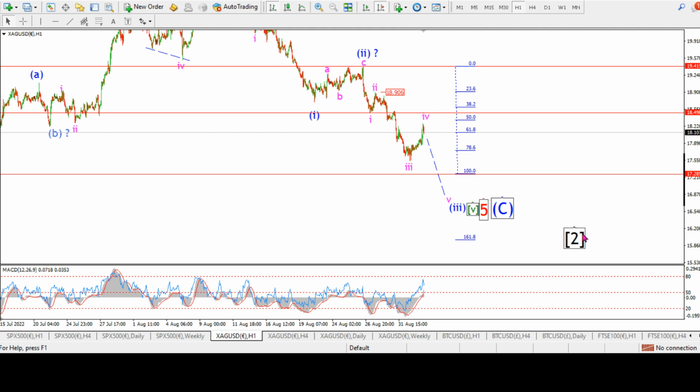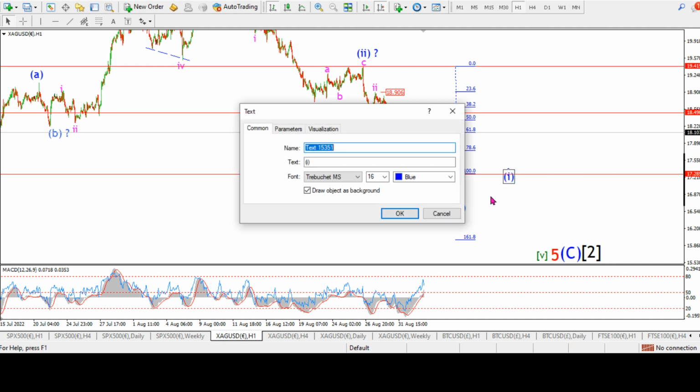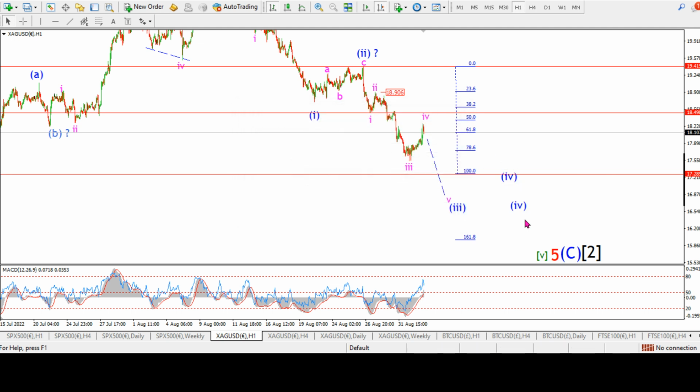And I will actually show that right now because I'm here. We'll get wave 4, a small correction higher in wave 4, write that in, and then a final dip into wave 5.